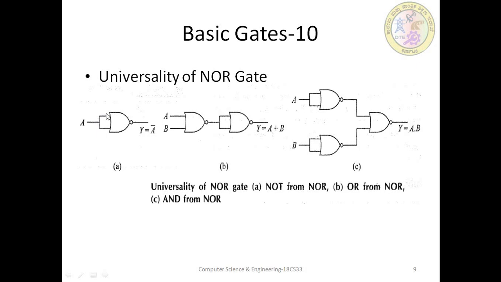Suppose if you give 0, so 0 0 will go, and the output will be 1. If you give 1, so 1 1 will go and the output will be 0. So always, if you give A, the output will be A bar, so the NOT form of NOR.